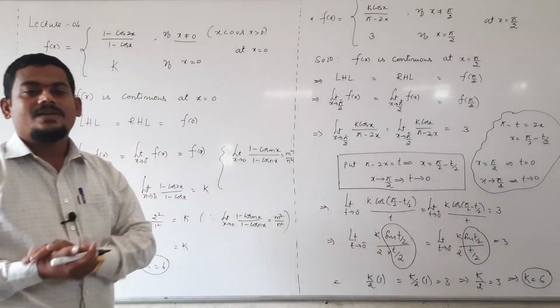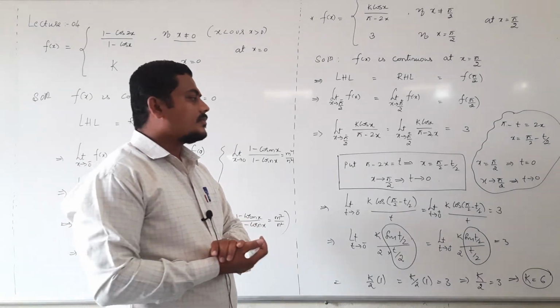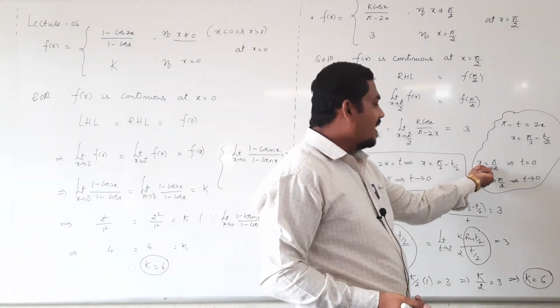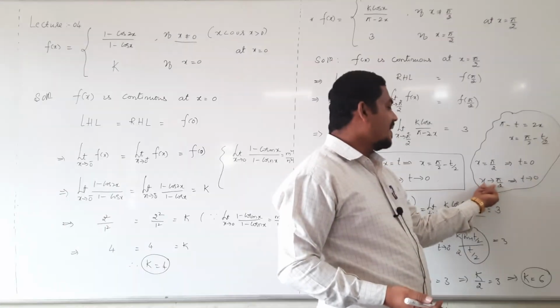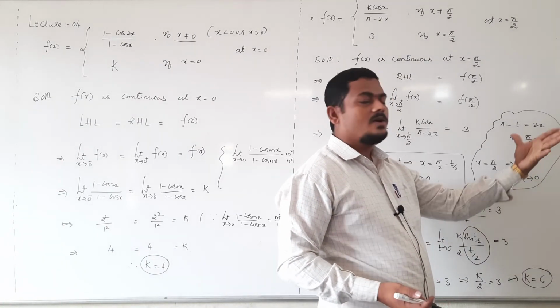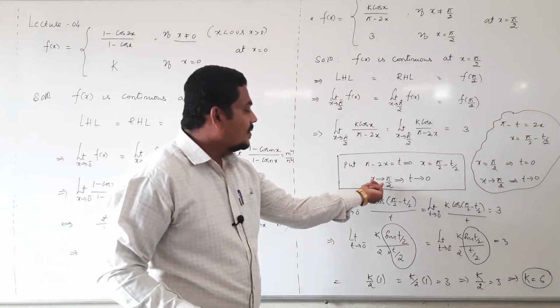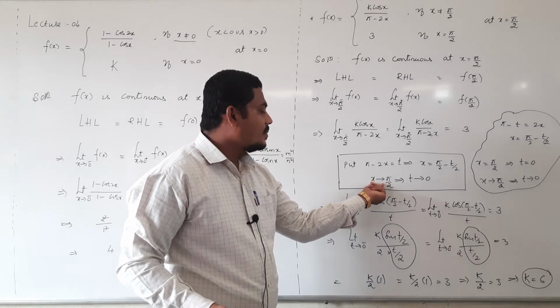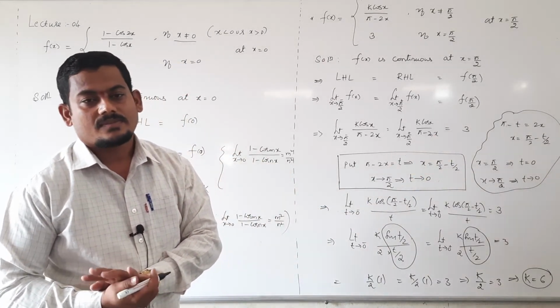After that, k value is 6. By substitution, if you put x value exactly pi by 2, then t value is exactly 0. If x approaches pi by 2, then t approaches 0. For that reason I replace x approaches pi by 2 with t approaches 0. Got it? Okay.